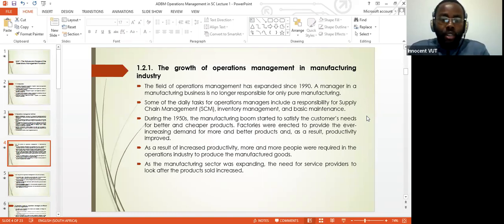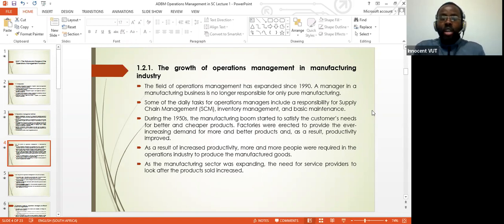and also providing what? Services. So as the manufacturing sector was expanding, the need for service providers to look after the products also increased.